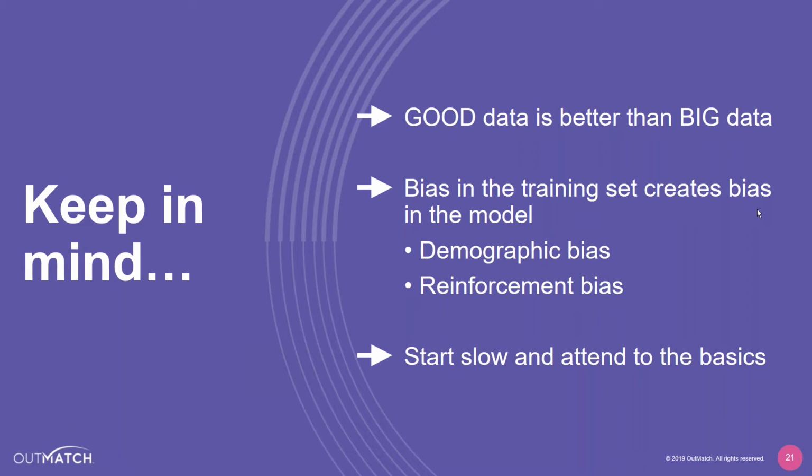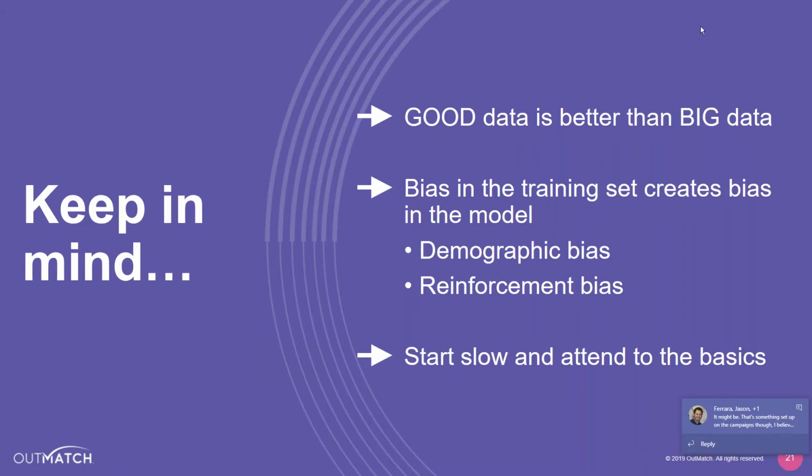There's also reinforcement bias that happens very often. We've seen with one of the world's largest e-commerce sites recently that attempted to build an AI resume screener. They trained it off of 10 years of hiring data. So they had big data. But the problem with that data was that in the past, their hiring patterns did in some ways favor certain demographics, men over women, underrepresented minorities in some cases.